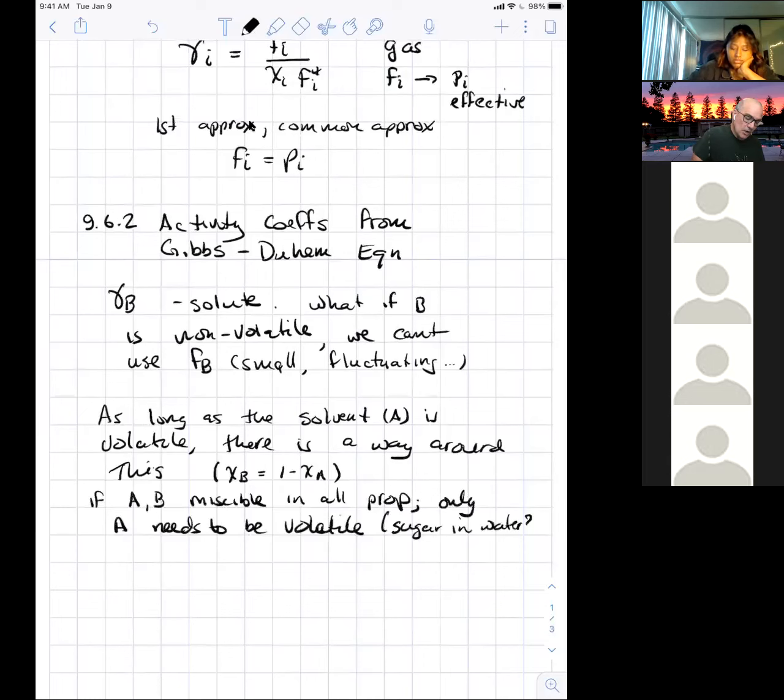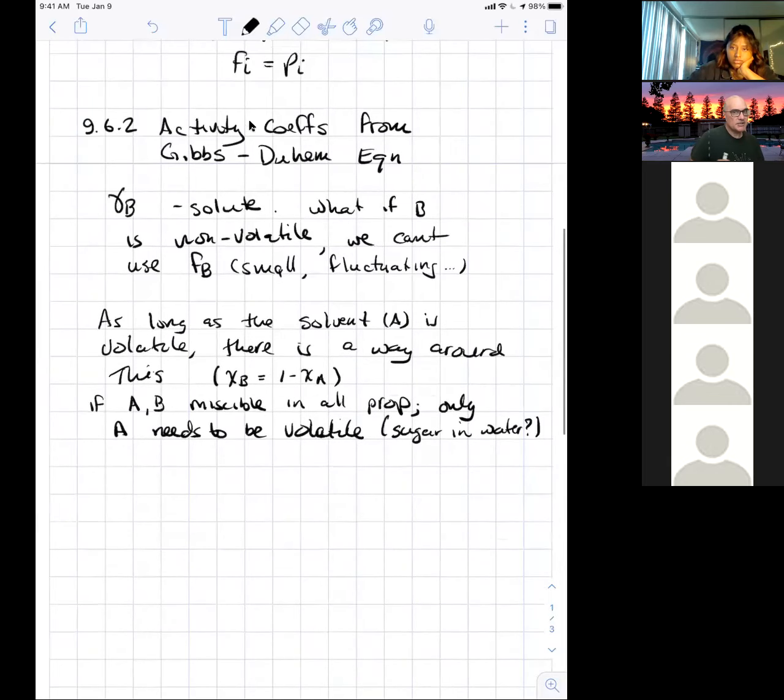Maybe this is sugar and water. Sugar is not actually miscible in all proportions, right? Because if we took a kilogram of sugar and 2 drops of water, we don't have a solution. But realistically, for a normal range, this is true.